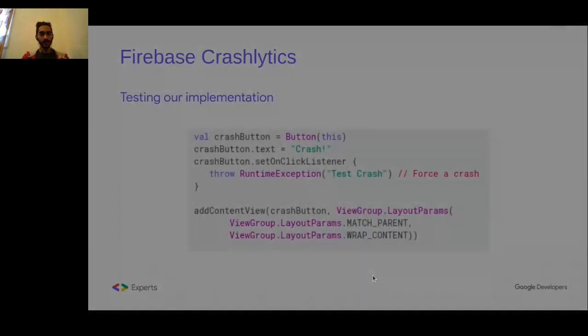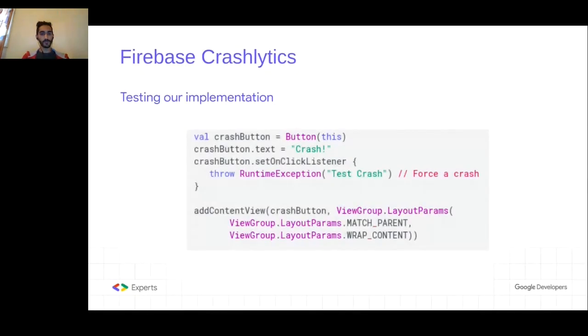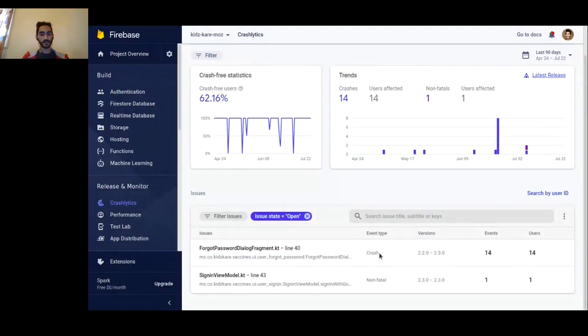So with the code that we had previously, we're supposed to be getting a crash like this one. As you can see, for each crash, you have some details like the version number. You can see how many times this crash happened. So as you can see here, it says 14 events. And you can see how many users were affected by that same crash.